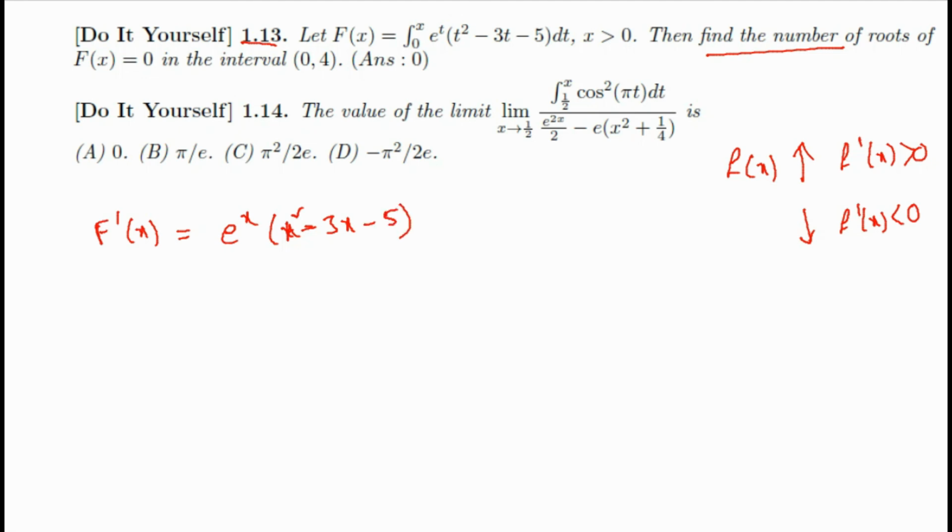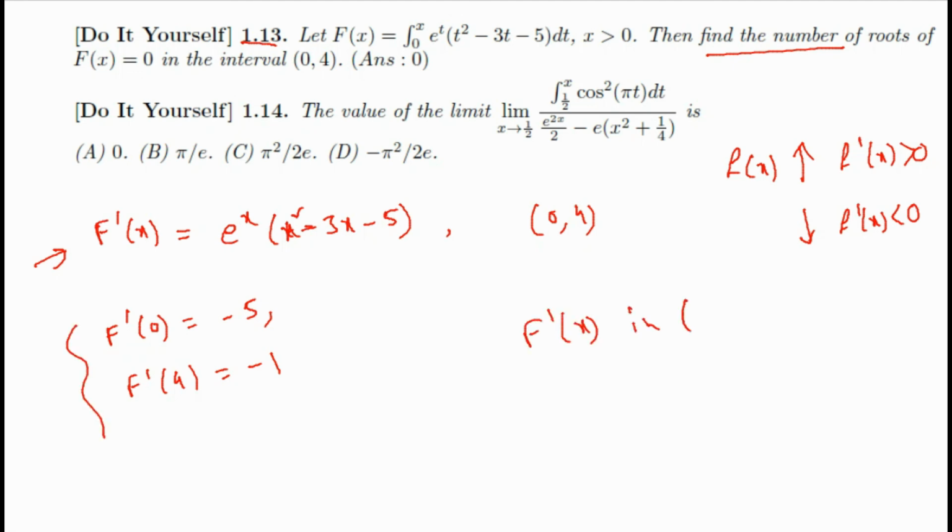So this is the direct application of rule number 3, and the given interval is 0 to 4. So f dash 0 is minus 5 and f dash 4 is minus 1. F dash x in 0 to 4 is less than 0. That means F x is decreasing in 0 to 4.